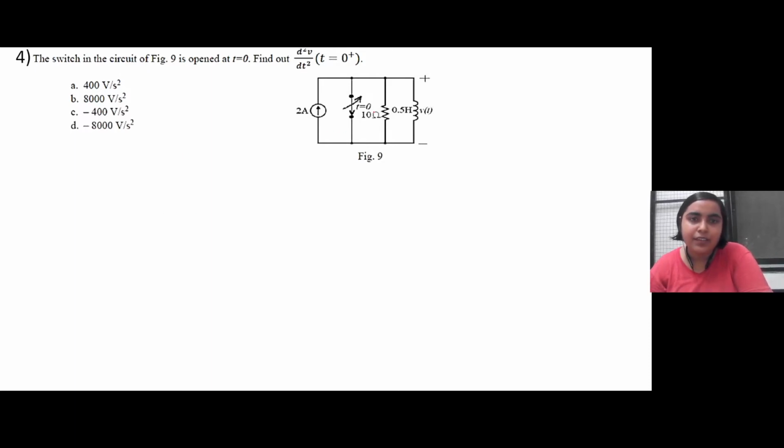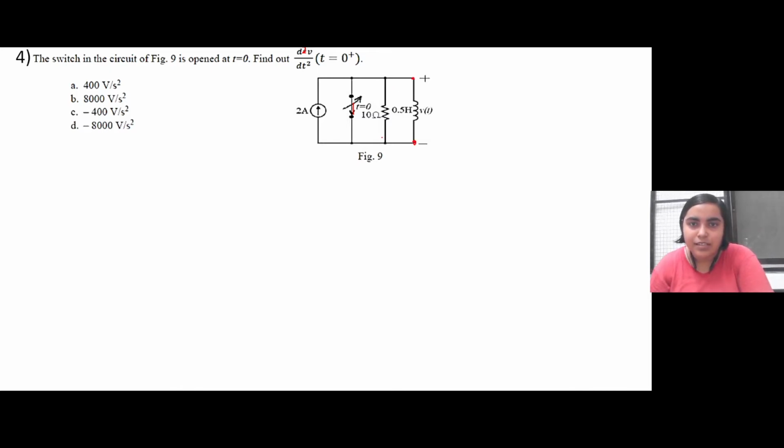Now again another circuit, in which initially this switch was closed, then at time t equal to 0 the switch was opened. You have to find d square V by dt square just after the instant the switch was opened. So how will we do that? It is given that the voltage across this particular inductor is V of t.